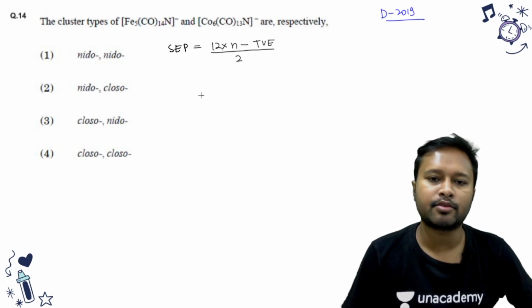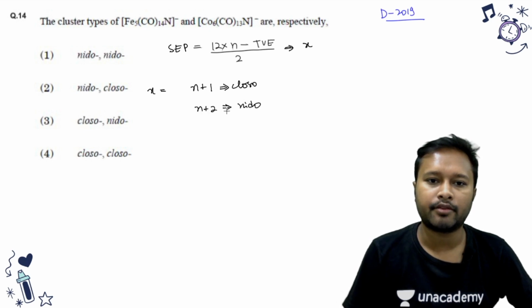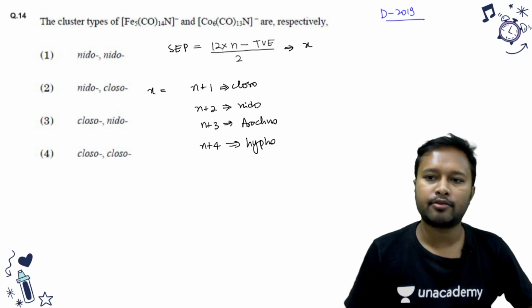Once you get this value, let it be x. Now if x is n plus 1, where n is the number of metal centers, then it is called closo. If it comes out n plus 2, it's nido. If it is n plus 3, it's arachno, and n plus 4 is hypho, and so on. Now let's check our options.